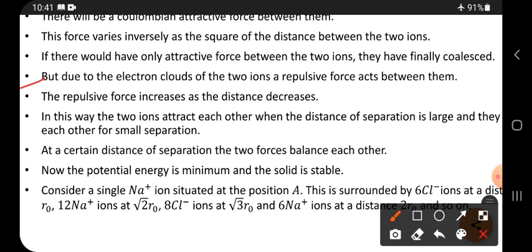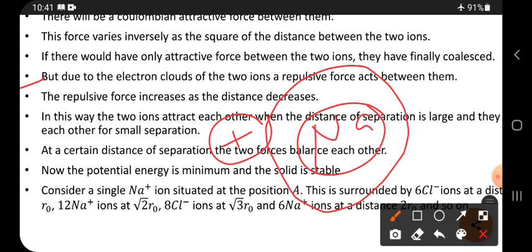Actually, what is present around the charge, even if it is a positive charge? If we take the example of sodium positive ion, how many electrons are around it? 10 electrons are present. And chlorine, when it is in negative charge, how many electrons are present around it? 18 electrons.